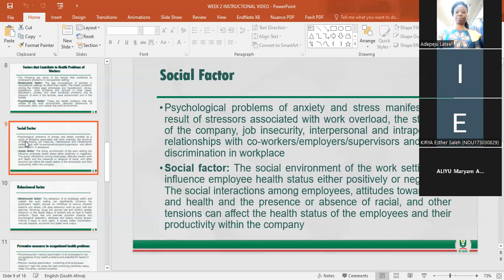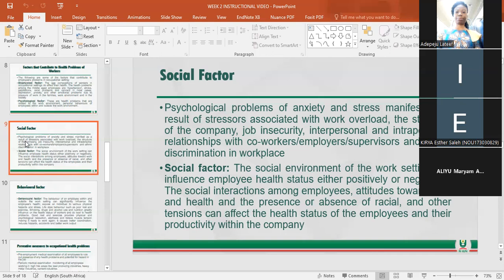All this affects the productivity of an individual working in a company. So as much as possible, the environment can also influence positively or negatively the health problems that an employee will sustain while working in an organization.